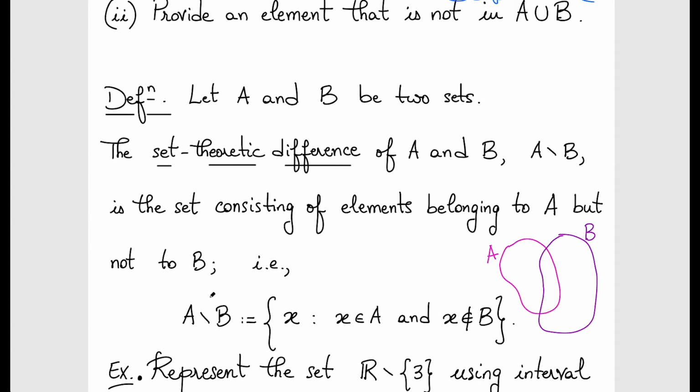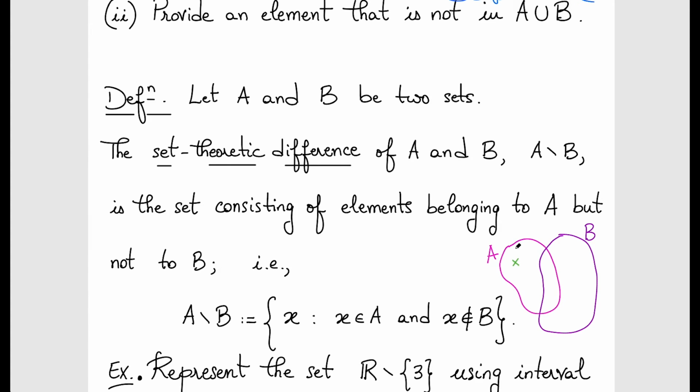If you want to read it mathematically, the set theoretic difference of A and B is the collection of objects that are in A but not in B. Let's shade the region corresponding to this. That are in A but not in B. How about this guy? Is this guy in A and not in B?